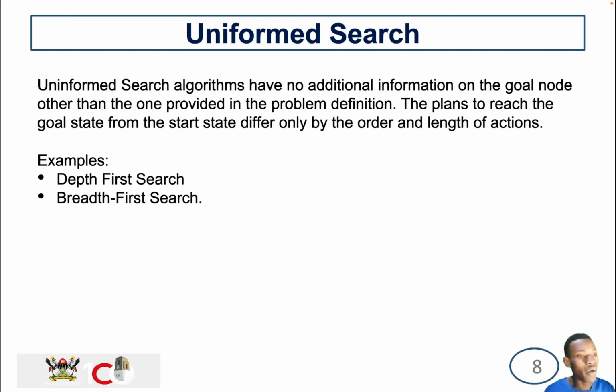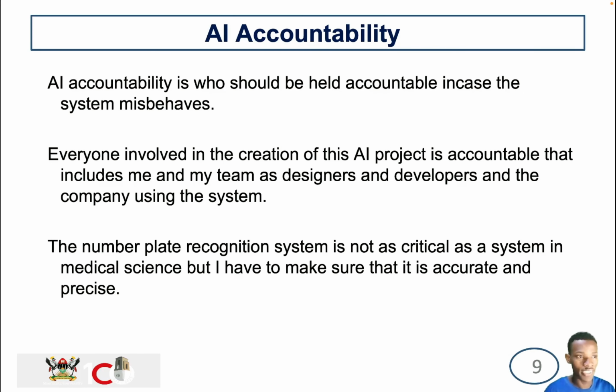Uninformed searches are also termed blind search. Examples of uninformed search are the depth first search and the breadth first search, which are very common. Then we have others which are not so common, maybe the uniform cost search, and yes, that's it for the search.